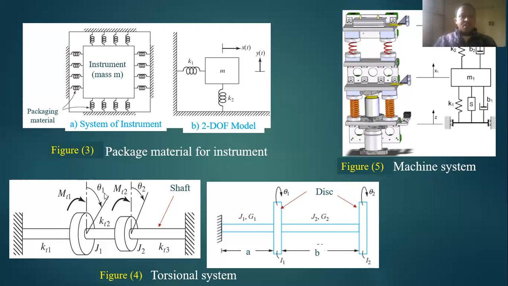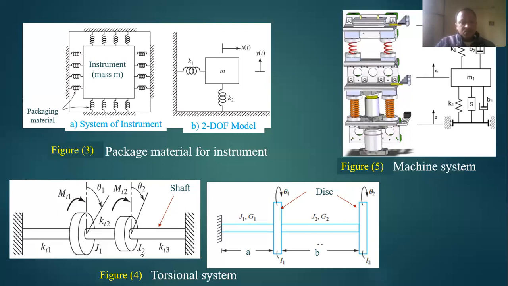Again, we have a 2 degree of freedom torsional system, having flywheel and shaft. So we have discs and shafts which are subjected to some torque, creating θ1. For disc 1, it produced θ1 resulting from the forcing or torque MT1.